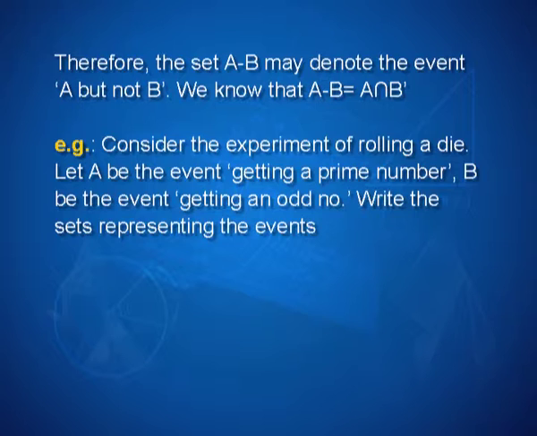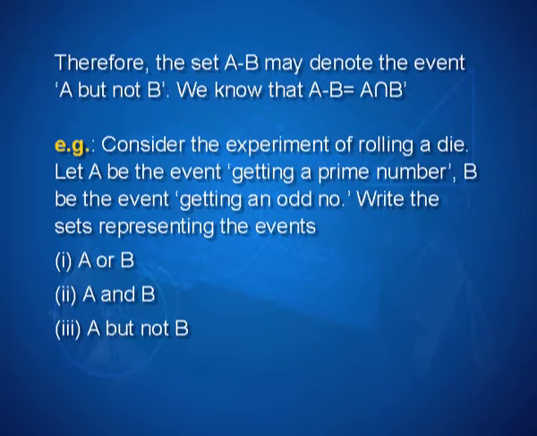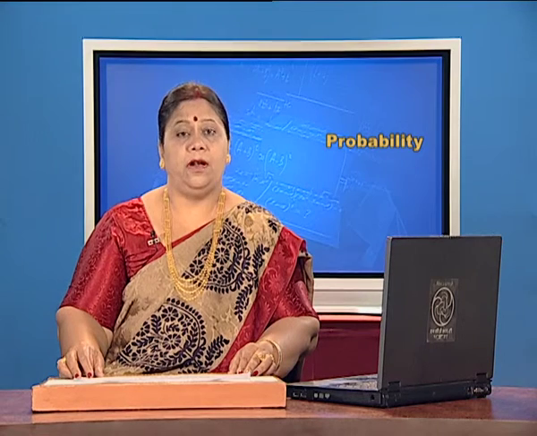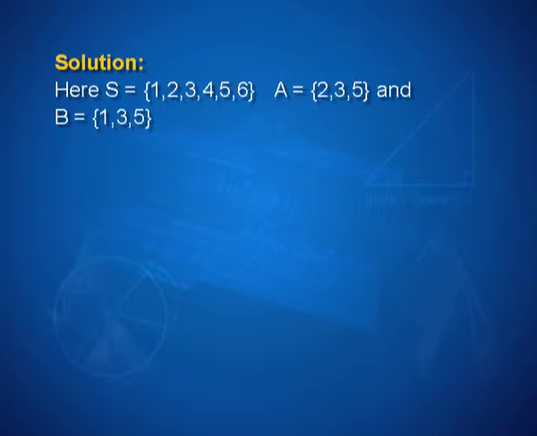Write the sets representing the events, first A or B, second A and B, third A but not B, fourth not A. Now, look at the solution. Here sample space S is {1, 2, 3, 4, 5, 6} and A is equal to {2, 3, 5} and B is equal to {1, 3, 5}.